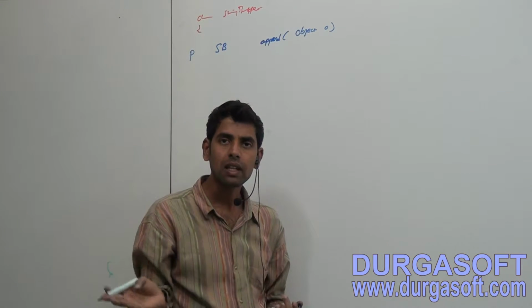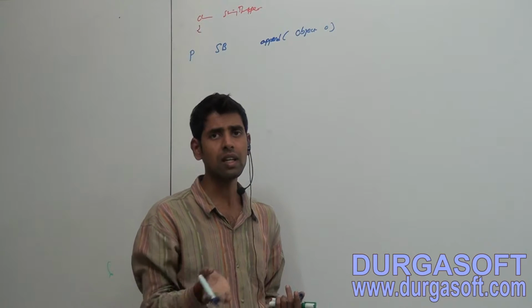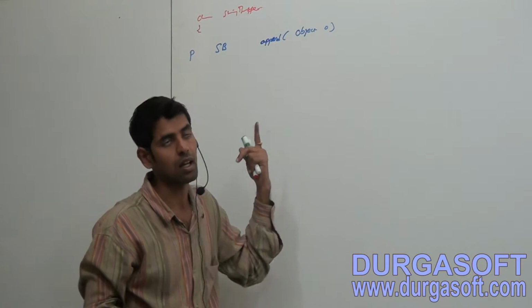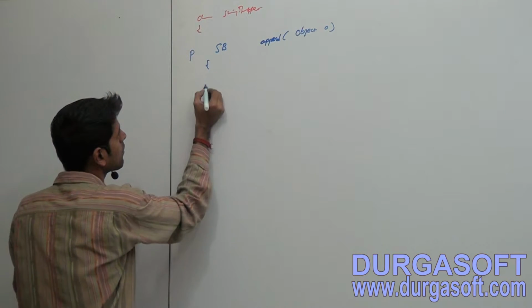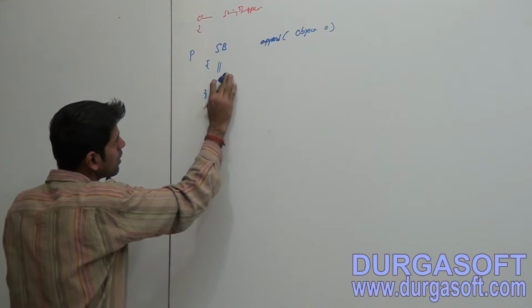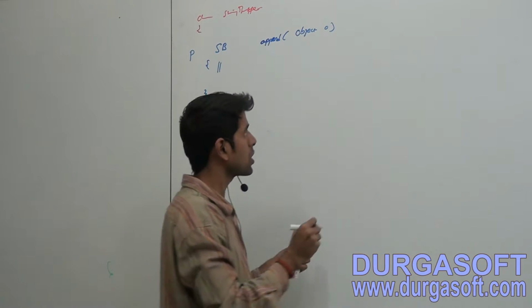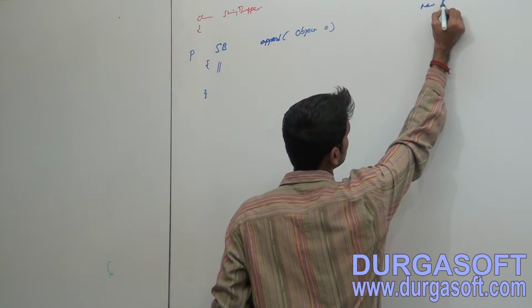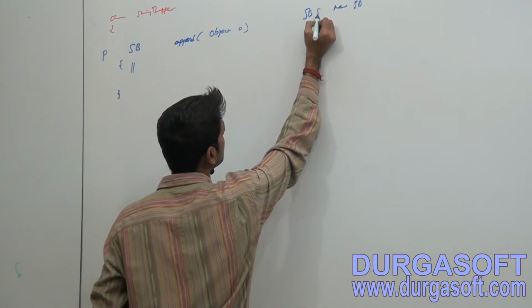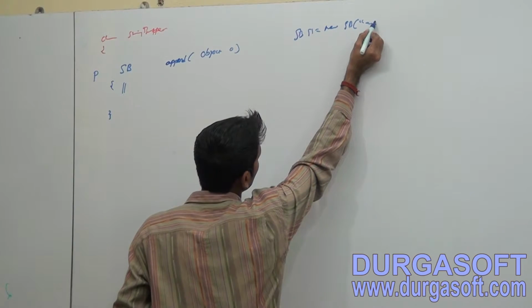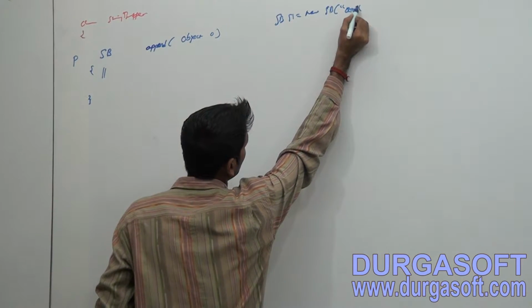If I put object as an argument to this append method, you can pass any data. Here the logic is simple. Observe here, because of this StringBuffer object, let it be ANIL.